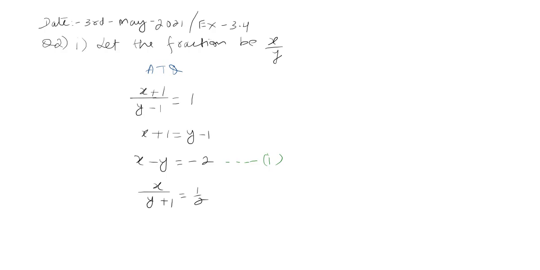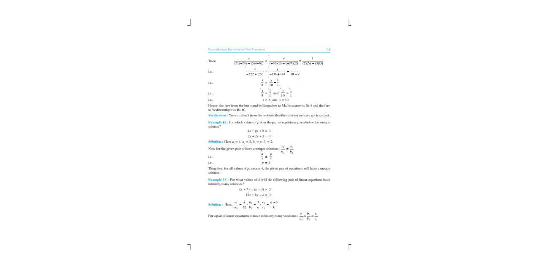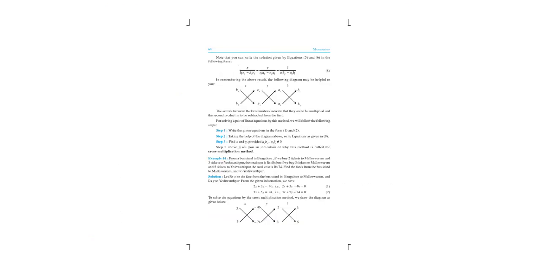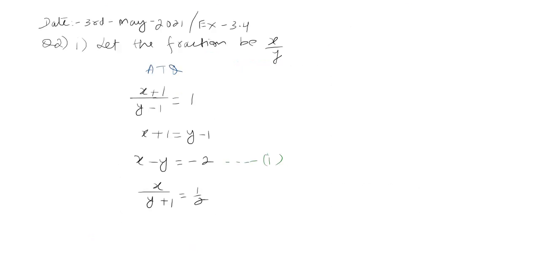It's written in the statement. So again we cross multiply and try to get the second equation. Cross multiplying, we get 2x is equal to y plus 1. So 2x minus y is equal to 1, and this is our second equation.